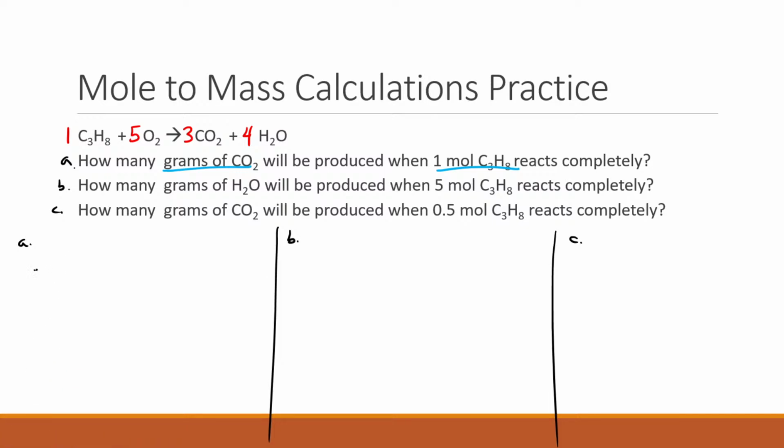And so we're going to pull our necessary pieces from our equation. We're going to look at what we are given here. We're given 1 mole, and we're asked about carbon dioxide. 1 over 1 equals 3 over x. 1 over 1 equals 3 over 3 moles of CO2.